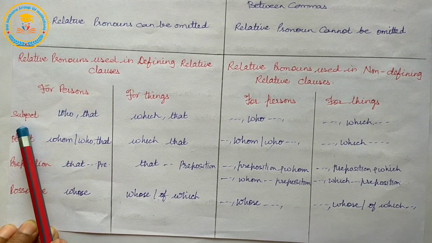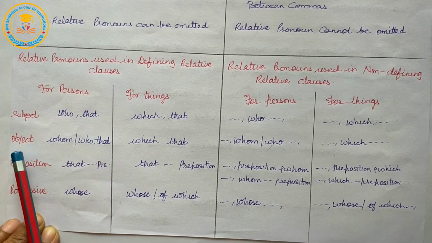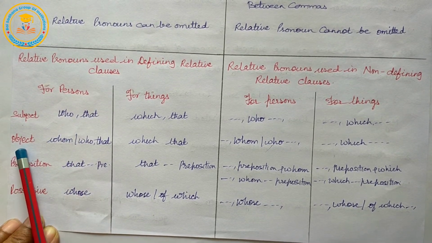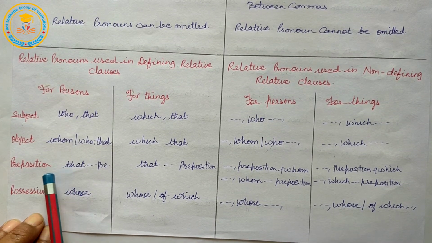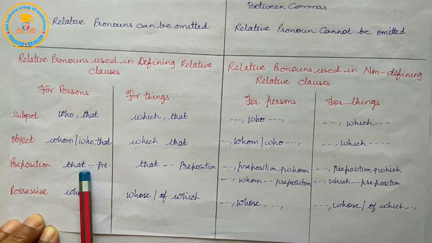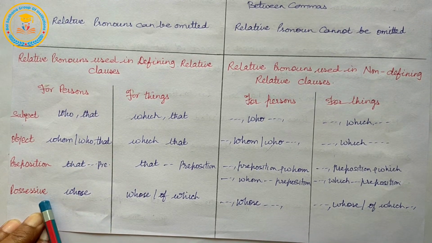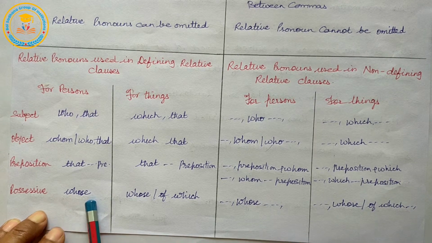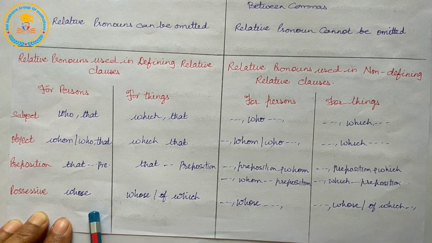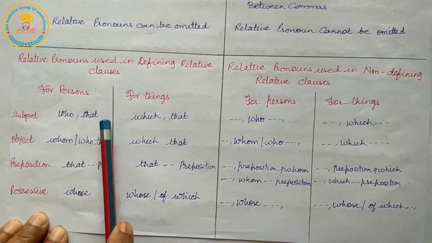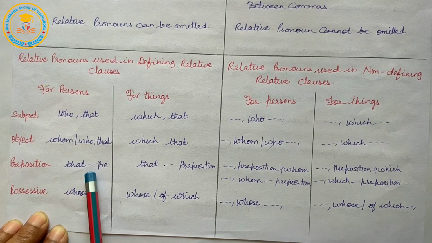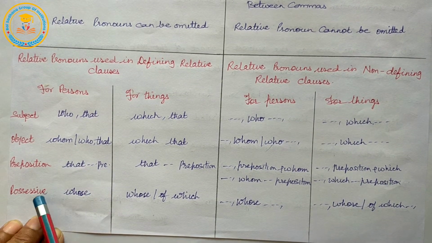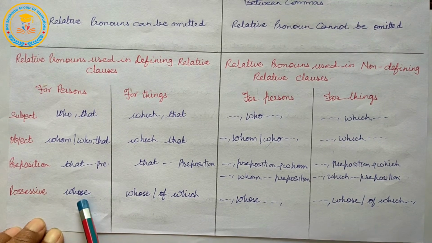For person, subject: who, that; object: who, whom, that; preposition: that, as we have already read; possessive: whose. These are the relative pronouns used in defining relative clauses for people: subject who, that; object whom, who, that; preposition that, with the preposition in the rest of the sentence; possessive whose.